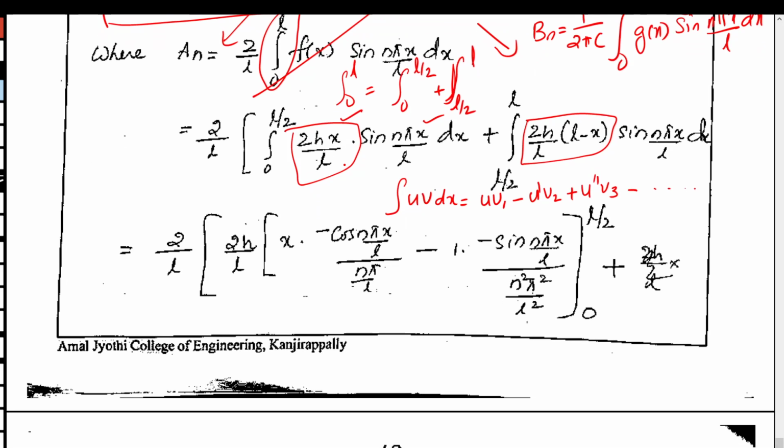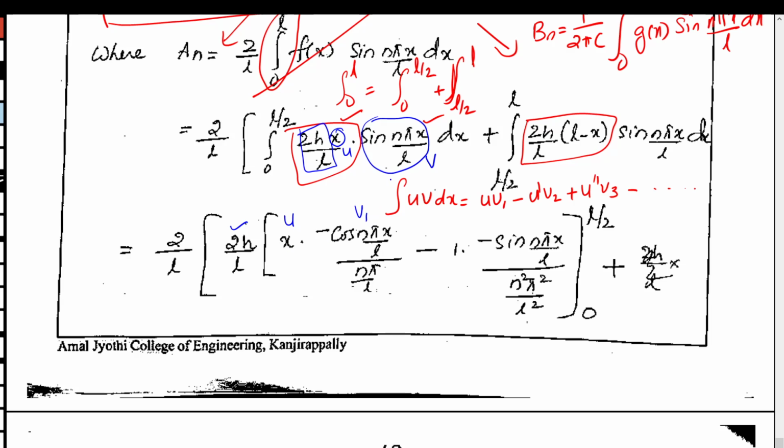Now evaluate the first integral. As 2h by L is a constant in the first integral, we take it outside. Then the remaining integral is integral x sin n pi x by L dx. Let us take x as u and sin n pi x by L as v. Then applying the UV rule, we will get UV1. U is x itself.